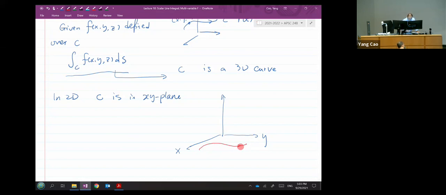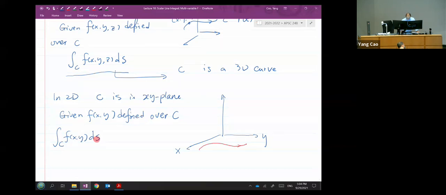Then the corresponding scalar line integral would be, instead of x, y, z, given a function f of x, y defined over C, you integrate this function f(x, y) over this curve C to give you a scalar line integral.